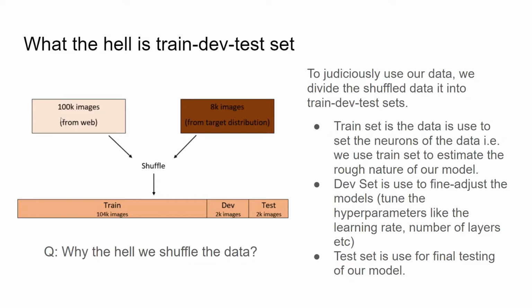Let's say we have 100k images from the web and 8k images from the target distribution. We shuffle them and make a giant data set. We shuffle it to remove any bias that the data already has.